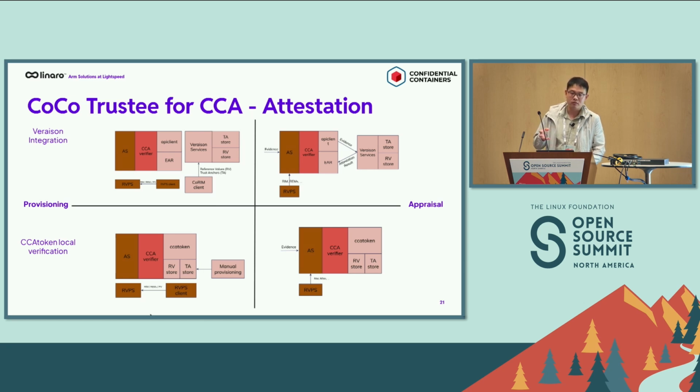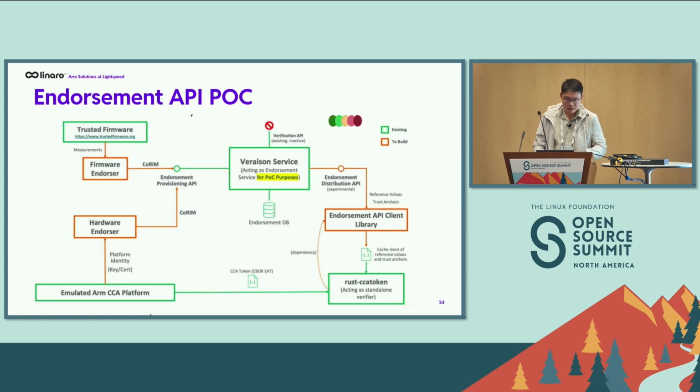But this is not very handy or suitable for production level, so this is just a POC. In order to reach production level reliability, we are currently working on the standardization of the endorsement API, which I mentioned here.